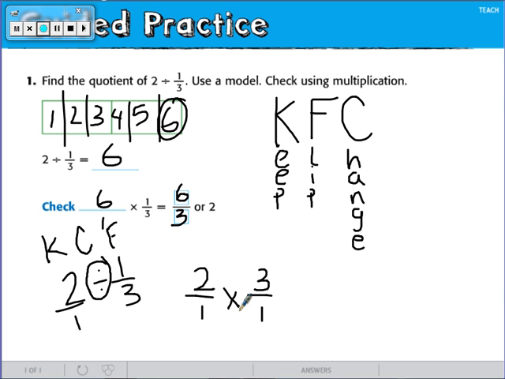Look, I kept the first fraction, I flipped this one, and I changed this to the opposite. So now I have 2 over 1 times 3 over 1, which equals 2 times 3 is 6, 1 times 1 is 1. 6 over 1 equals 6.